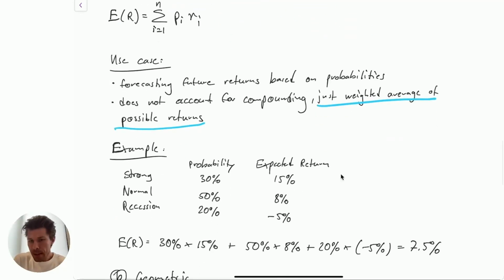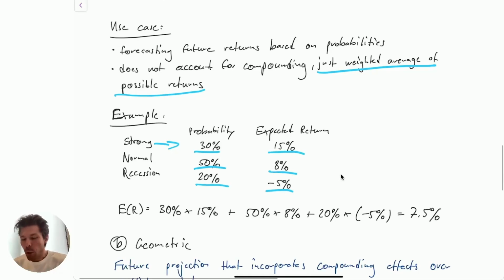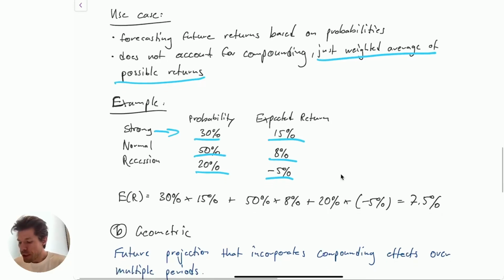As you can see here, especially used for scenario analysis, we have strong growth case, 30% probability, expected return 15%, normal growth 50% probability 8%, and if there's a recession 20% probability -5%. You can see they don't affect each other, you either have strong growth or you have recession. They are not impacting each other, which means using the geometric mean here would not be correct, because here we are not talking about a time horizon, we are just talking about different cases.